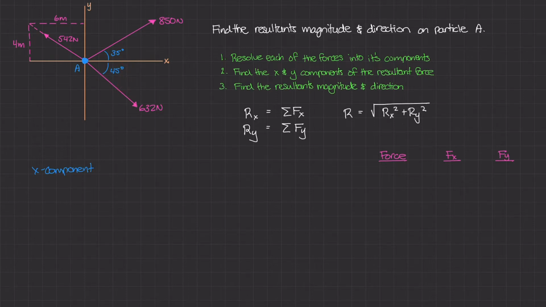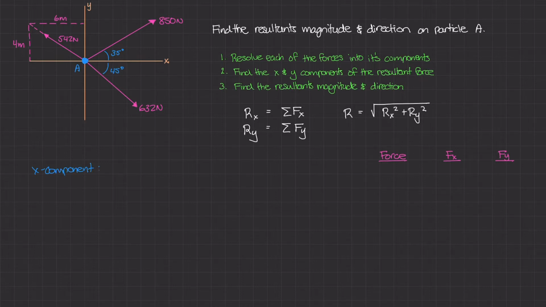So you can see that the x component is going to go towards the right, and then the y component is going to come down, and that's how the 632 Newton force is going to be oriented. You can see that this forms a triangle, so we can use sine and cosine to figure out what the sides are for this triangle, and that is our x and y components for that force.